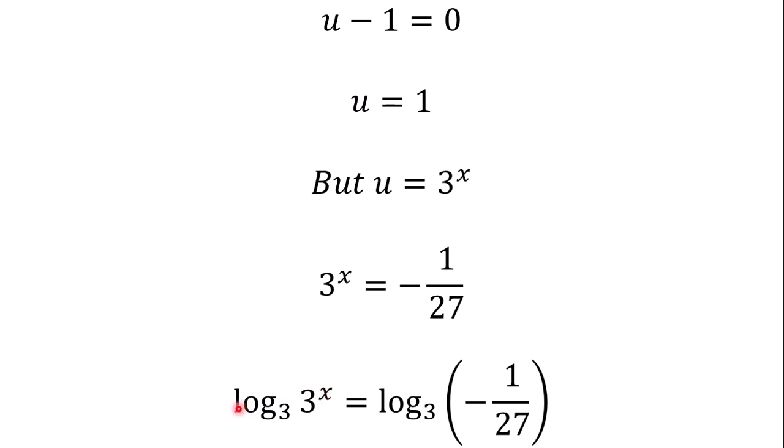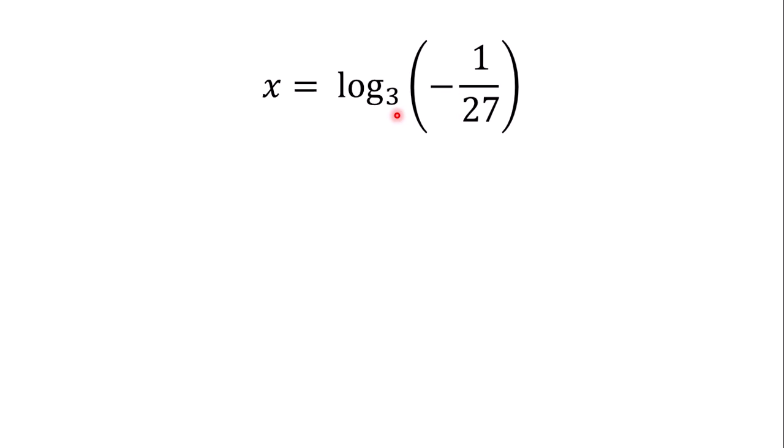This x will come to the front, and this 3 and this log will go away, to be left with x. So x is equal to log of minus 1 over 27 to the base 3.